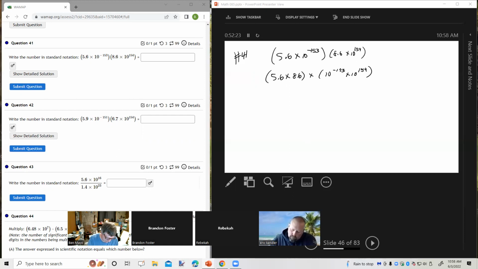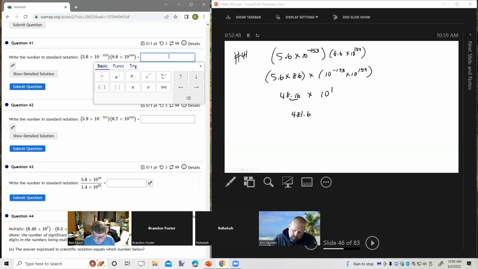And 5.6 times 8.6 is 48.16 times 10 to the negative 153 plus positive 154 would be positive 1. Standard notation, so we're going to move it one place to the right, 481.6.